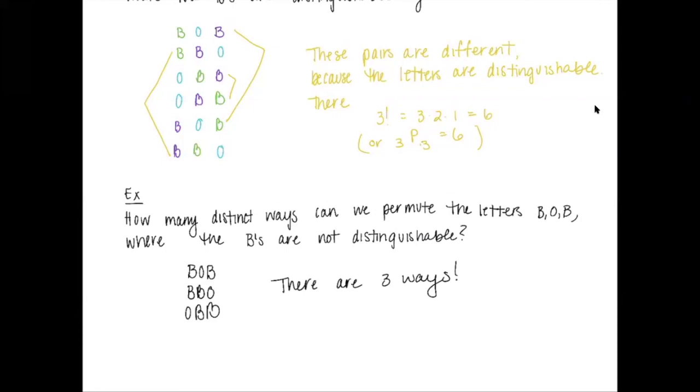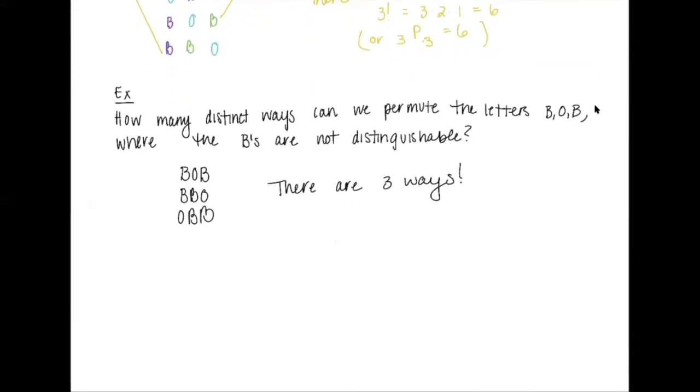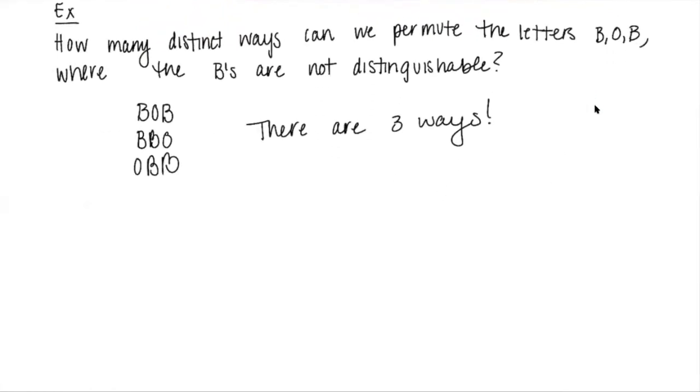So what happens now if I've got a lot larger amount of numbers, or a lot larger amount of letters, and I want to arrange those, but I have repetitions? How could I possibly do that? We have another formula or method to tell us that.